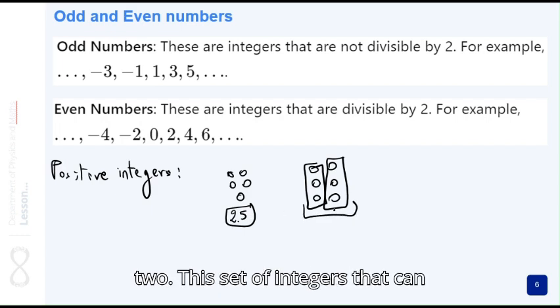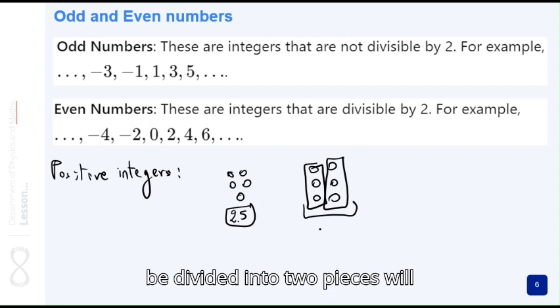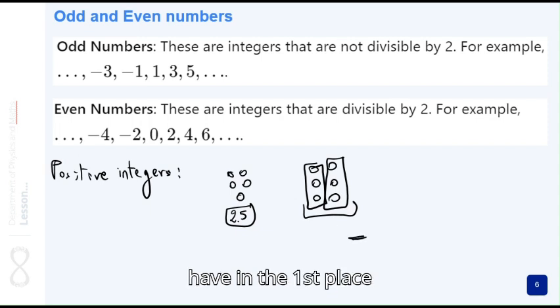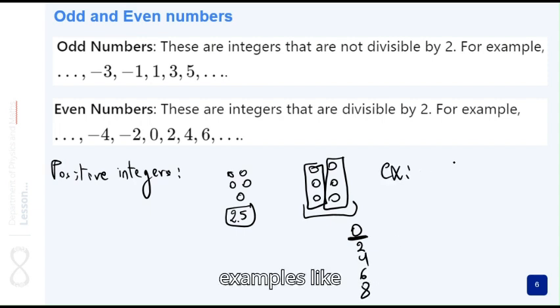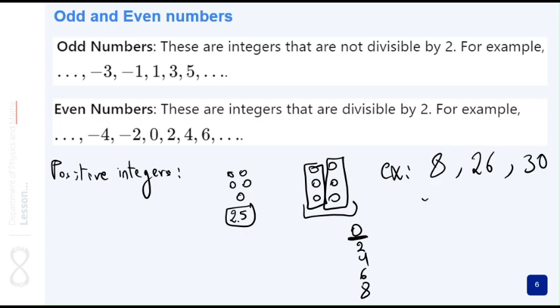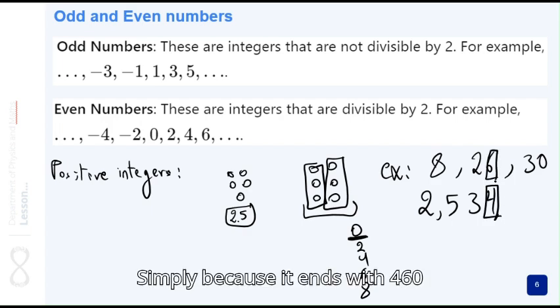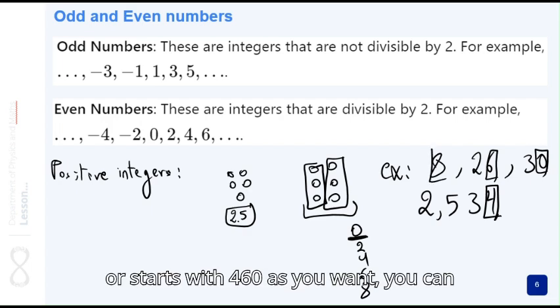This set of integers that can be divided into two pieces will have in the first place 0, 2, 4, 6, 8. Examples like 8 itself, 26, 30, 2534, simply because it ends with 4, 6, 0.